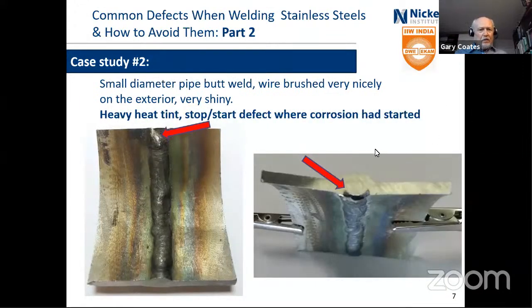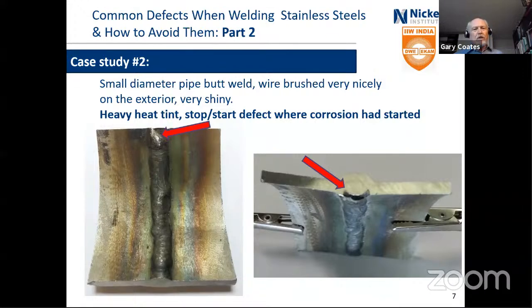And so we see, first of all, a lot of heat tint there. Then there was a stop-start defect up at the top of this particular section piece, and you can see that the corrosion had started there. When you're doing small diameter pipe, it can be difficult, where you finish the weld off and stop it, to ensure that you have no defects.